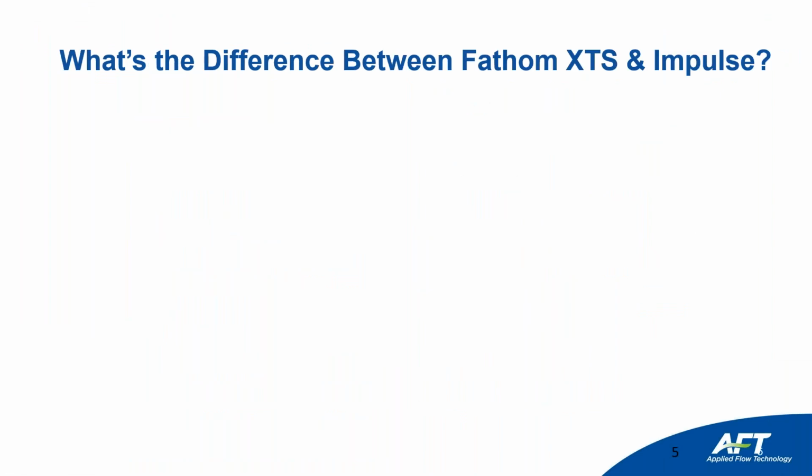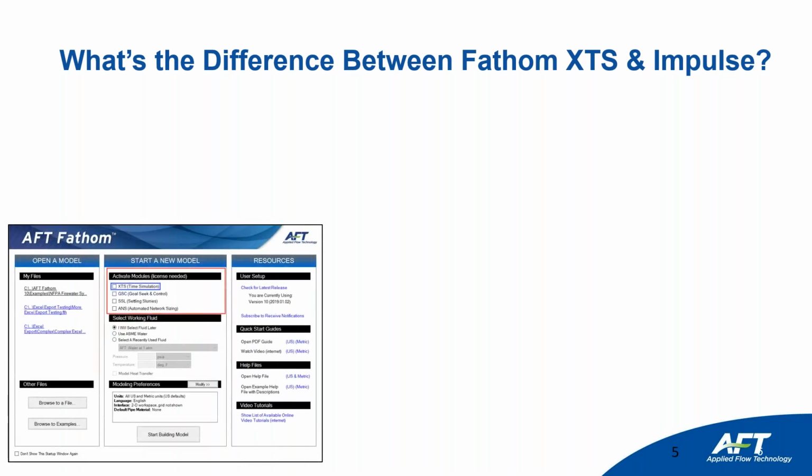All right, so what's the difference between AFT Fathom's XTS module and AFT Impulse? AFT Fathom has an extended time simulation module, and you can access it when you run AFT Fathom. Simply check the box right here, and that's how you can turn on the XTS module. XTS allows you to do transient flow modeling in AFT Fathom.